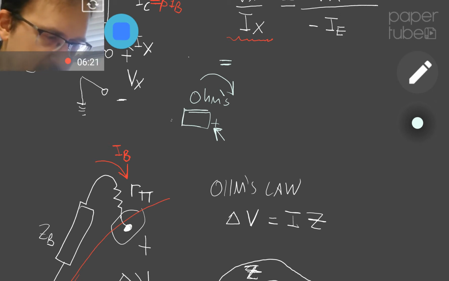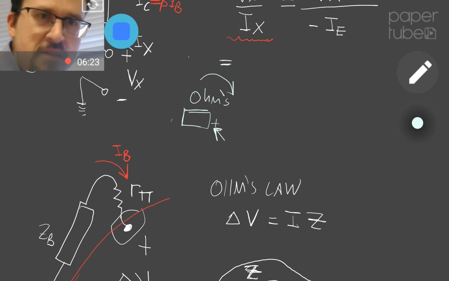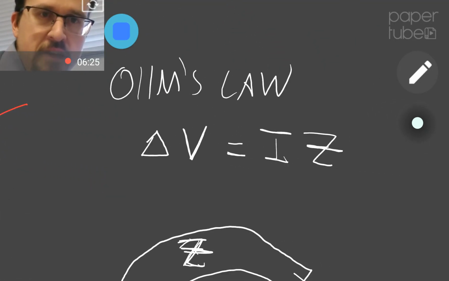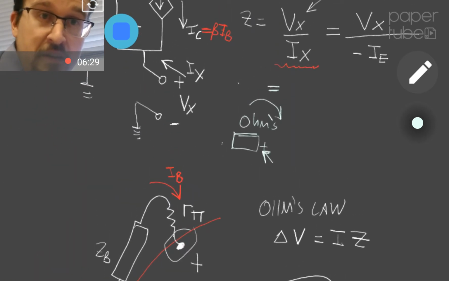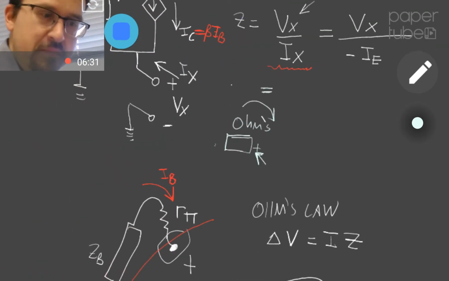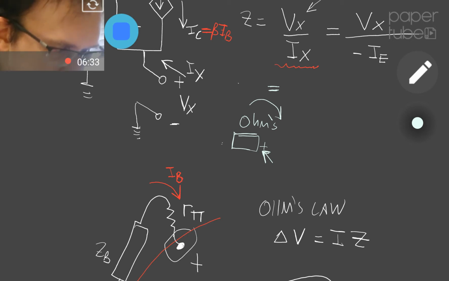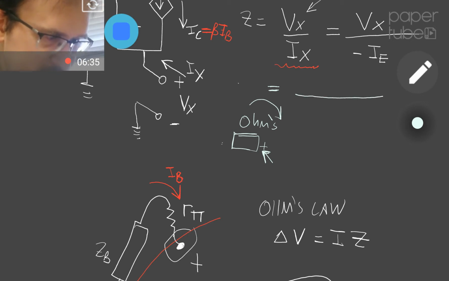If we honestly ask ourselves, what is the particular delta V that we're interested in and the I that we're interested in? If we replace what we have for Vx, what we're really talking about is minus IB.